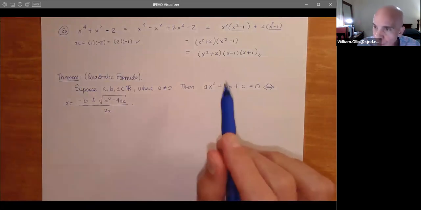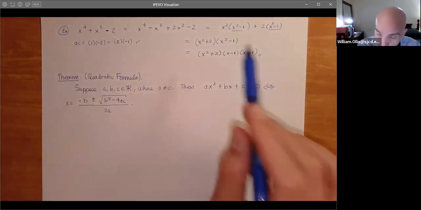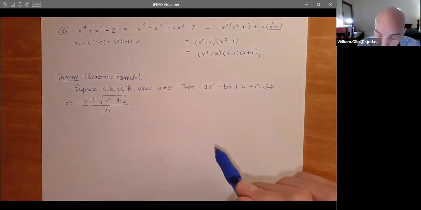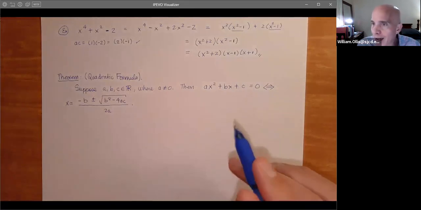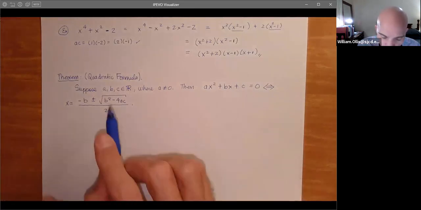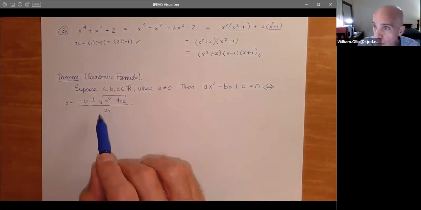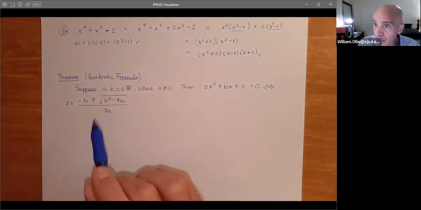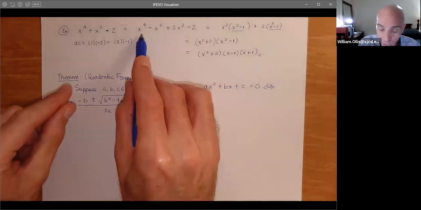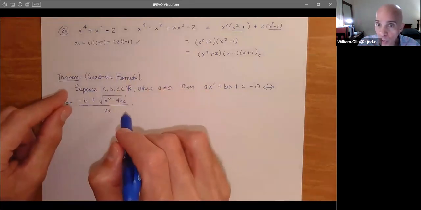Or we try the AC lemma with a quadratic in x, and we don't find a Z and a W. So what this particular formula is saying is that you can always solve the quadratic equation that has that form. That is, maybe it's like this, quadratic in x squared, or it may just be quadratic in x.